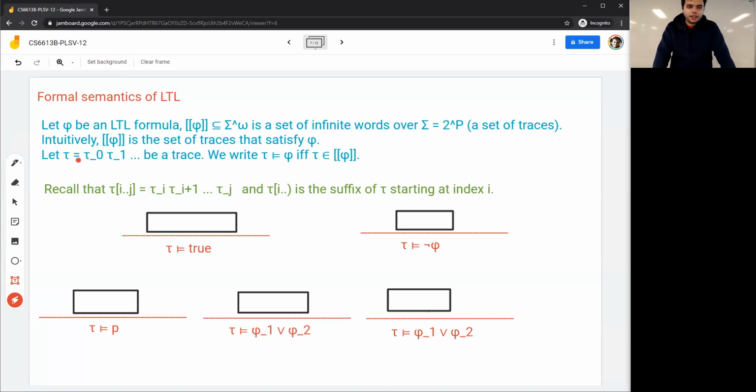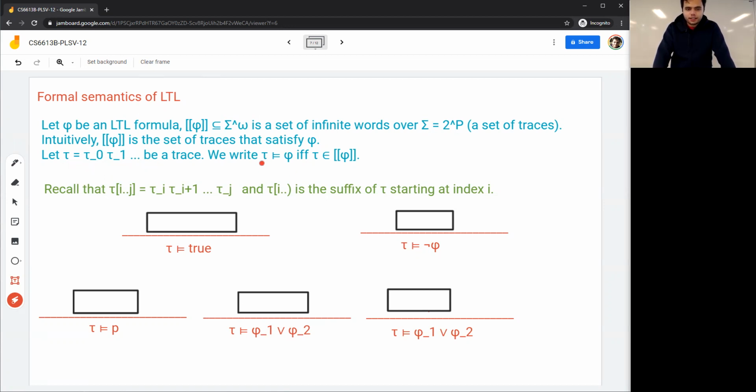Let's say that I have a trace tau, and it's tau0, tau1, and so on. Every letter here is a subset of P, and P was the set of my atomic propositions. So I have this trace, which is infinite.